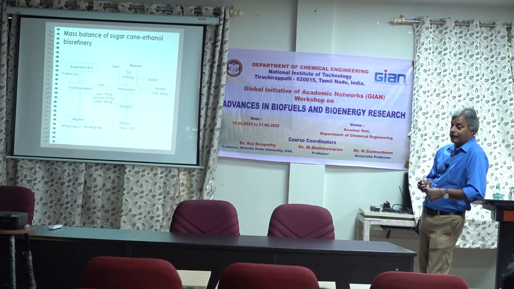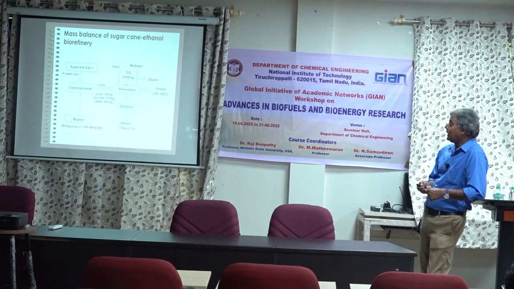So look at the mass balance. If you have sugarcane, 1 metric ton, and you crush and juice it, you get 740 kilograms of juice that contains 135 kilograms of sucrose and 605 kilograms of water. Okay?